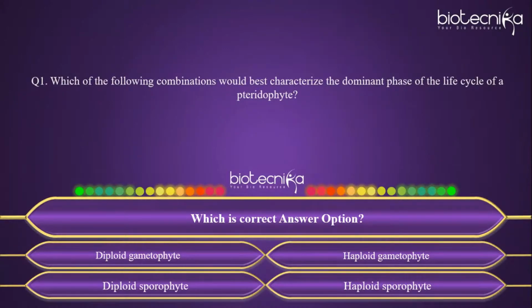Coming to the first question: which of the following combinations would best describe the dominant phase of a life cycle of a pteridophyte? Every time I discuss these concepts in class, I say that a plant life cycle has a dominant and a recessive phase.